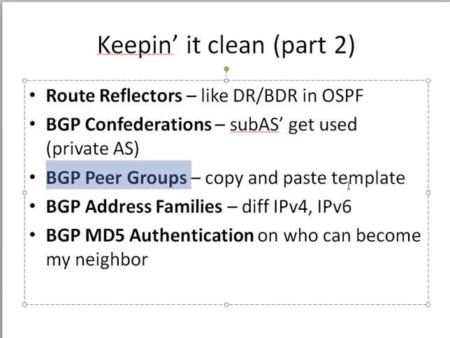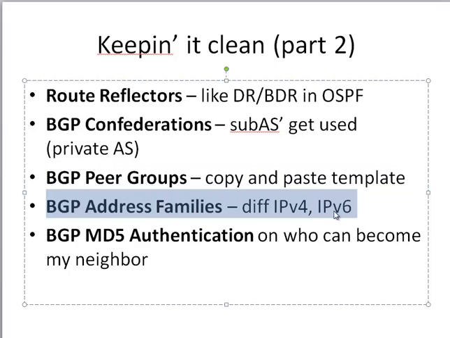When I establish a neighborship to another peer, things like authentication type or passwords will already be pre-configured, and I can apply it to a new neighborship or adjacency. This saves a lot of typing, means fewer mistakes, and keeps everything standardized with the different neighbors you're forming relationships with.